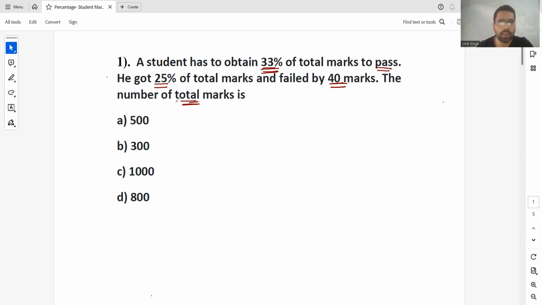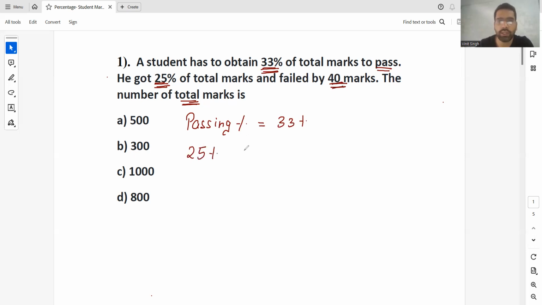Here, a student gets 25%. The passing percentage is 33%. But the student gets 25% and fails by 40 marks.